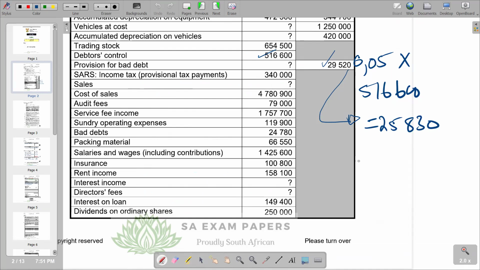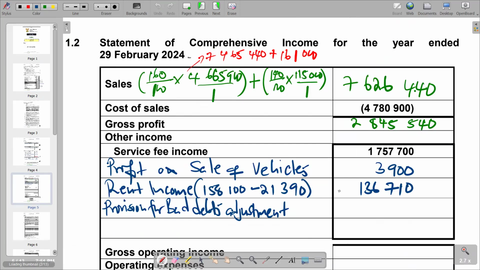Then you get your answer as 3,690. So 3,690 becomes the decrease that we need to include as the provision for bad debts adjustment. So we go to our answer section and we put up 3,690. Basically that's what we have on that one.